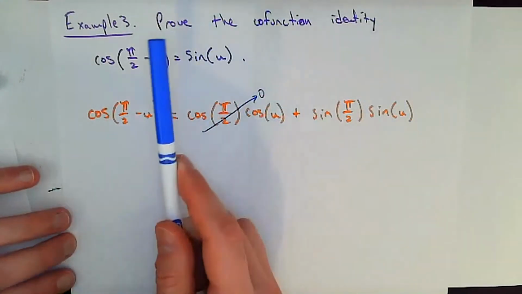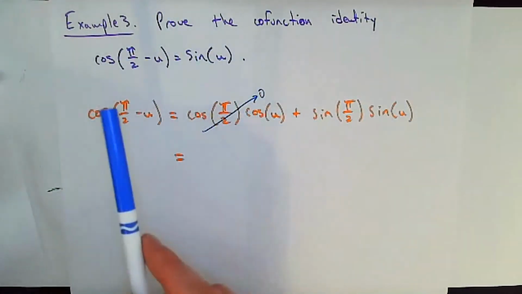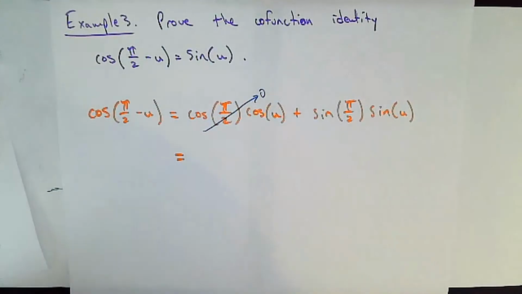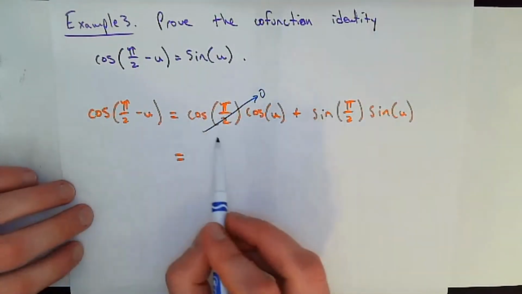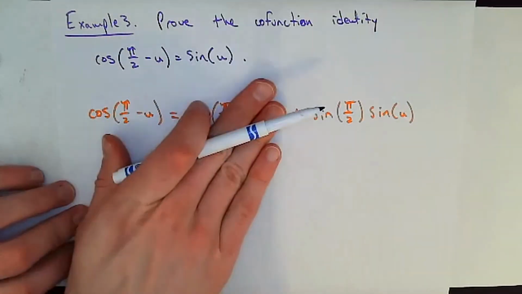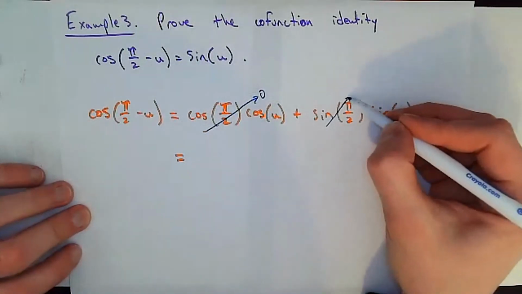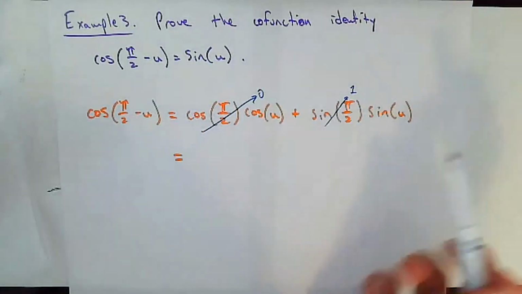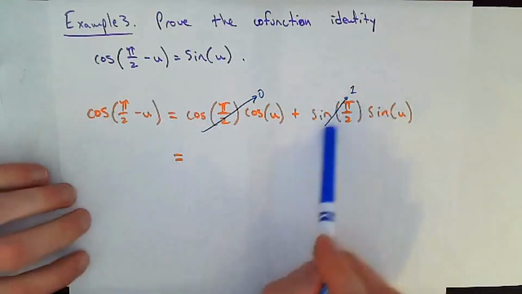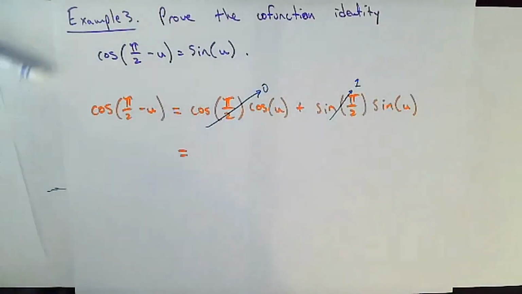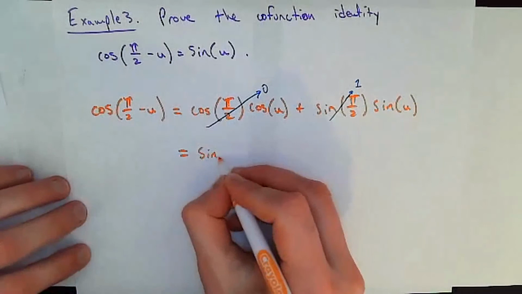The y value on the y-axis on the unit circle is a 1. So this is just 1. So this whole term goes away because 0 times cosine of u zeroes out, and this little term goes to 1, leaving me with just sine of u. There it is. Easy as that.